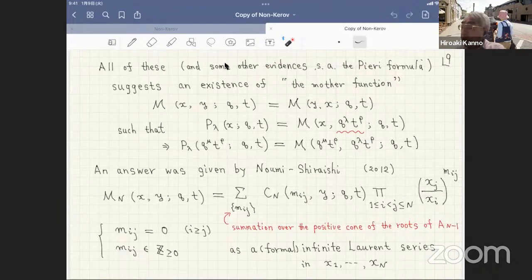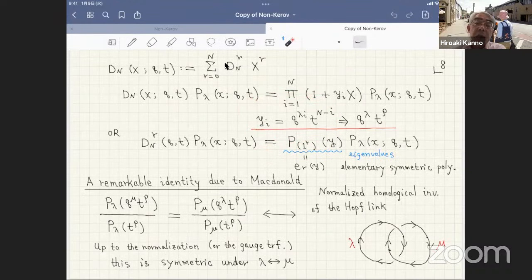So in my definition, the mother function is a function, or maybe a formal power series, in the original variable x, and we introduce conjugate variable y, which is symmetric in the exchange of x and y. And the Macdonald function is recovered by substituting q to the lambda and t to the rho to y. So this is what was found in the eigenvalue problem.